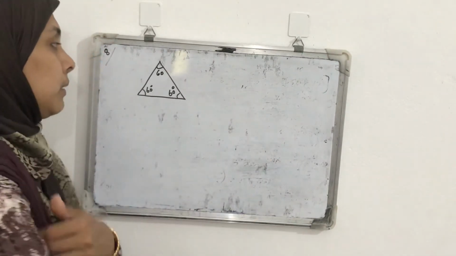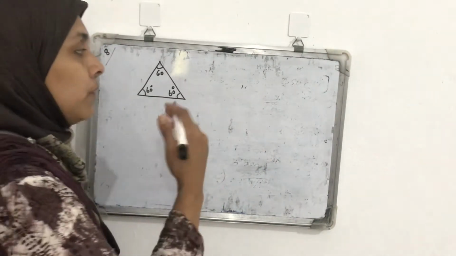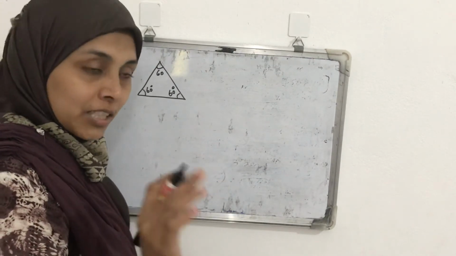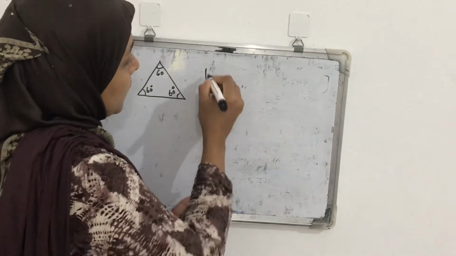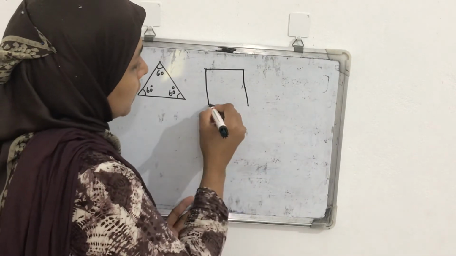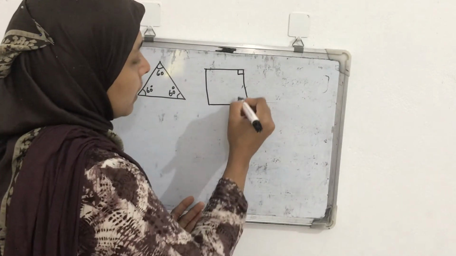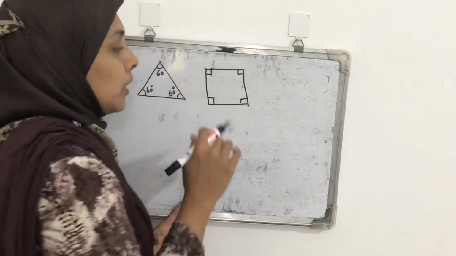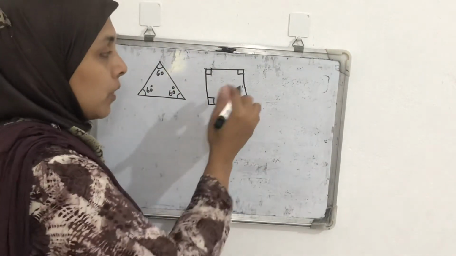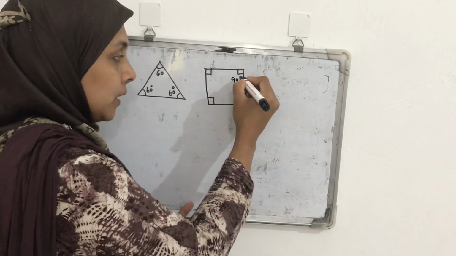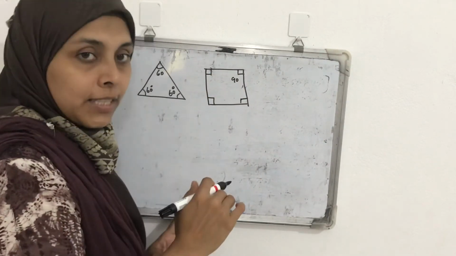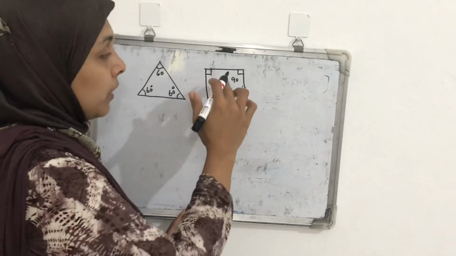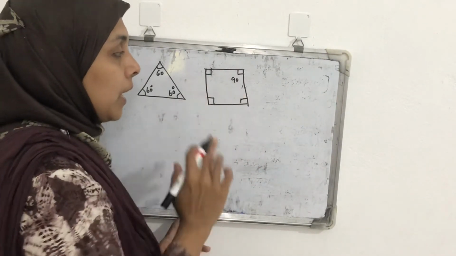Now we take another regular polygon with 4 sides. It will be a square. What will be each angle of that square? Using the property of a square, we can find each angle is 90 degrees. Otherwise, the sum of the 4 angles is 360 degrees, so 360 by 4, each interior angle will be 90.